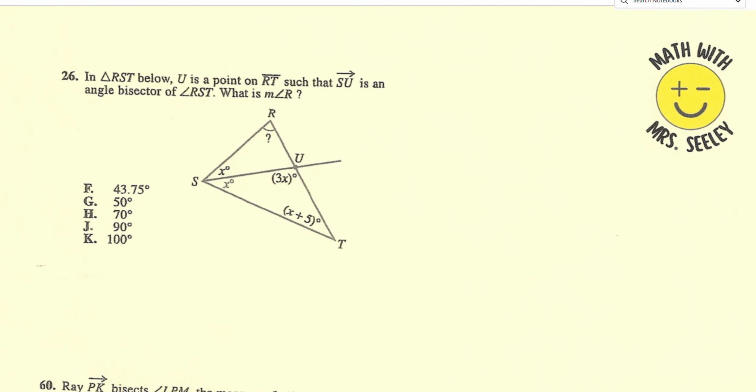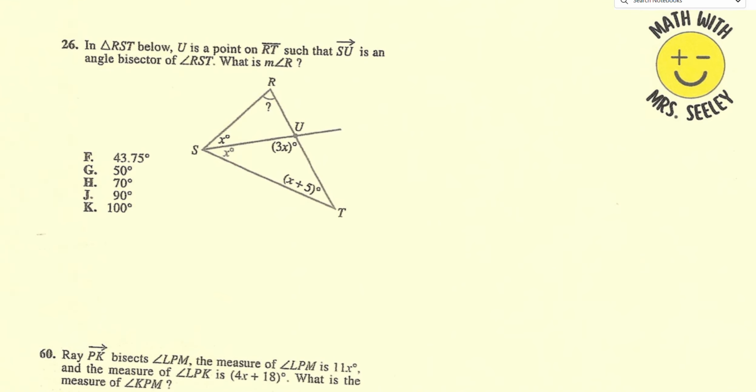Okay, let's take a look at number 26. On this one, we're getting into some questions where variables are coming along. It wants the measure of R. So what we want to do is go back and use the fact that there's 180 degrees in this triangle and set up a relationship. x plus 3x plus x plus 5 is equal to 180 degrees.